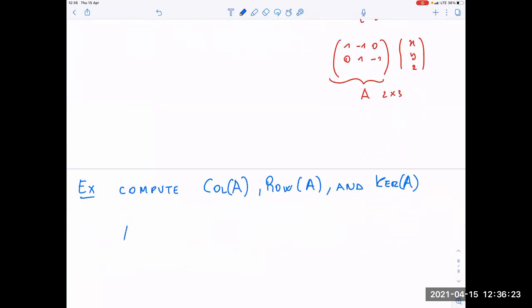And let's say we start with one very specific matrix, this 1, 2, 3, 4, 5, and 6. Okay, so let's see what are these three subspaces: column space, row space, kernel. Also try to decide first subspaces of what, and then once you decide that, you go and compute them.